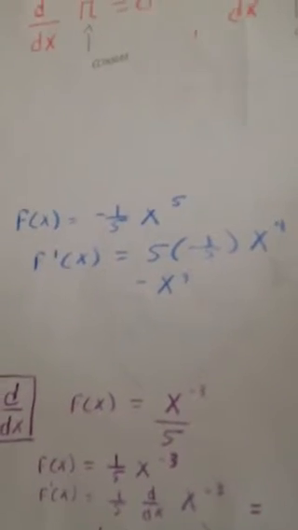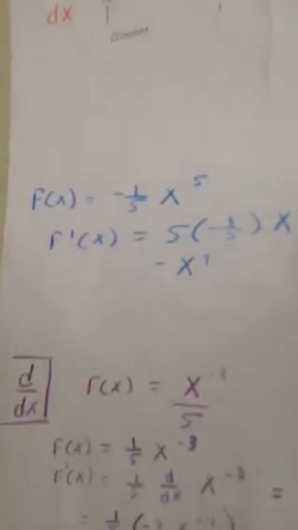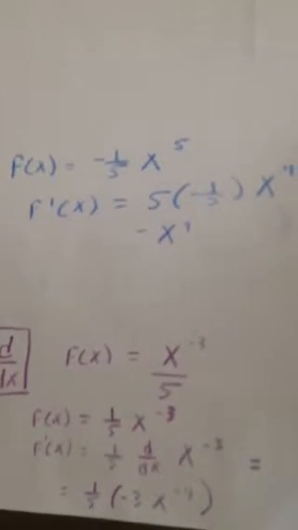Power rule. We know to use the power rule when x is raised to an exponent. So basically we have this example right here. f of x is equal to negative 1 over 5 x to the 5th. That's a power rule right there.